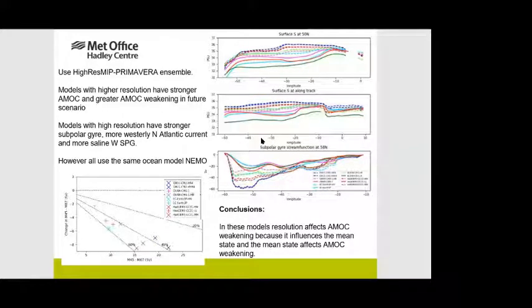In terms of the weakening we're seeing in these 1% runs, there's an ensemble of 3 to 4 members, and they're quite clearly significantly different to the two ensembles. So it's not just due to variability, the differences.